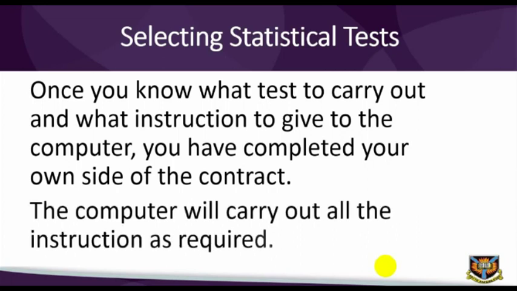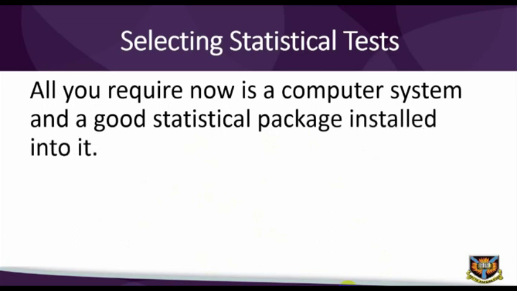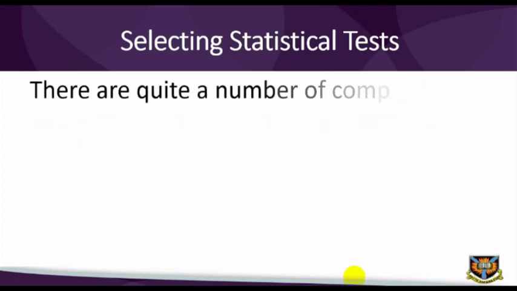Once you know what test to carry out and what instruction to give to the computer, you have completed your own side of the contract. The computer will carry out all the instructions as required. You don't need to know the formula for calculating the regression coefficient. Just click Statistics or Analysis, and from the list of tests that comes out, pick Regression.